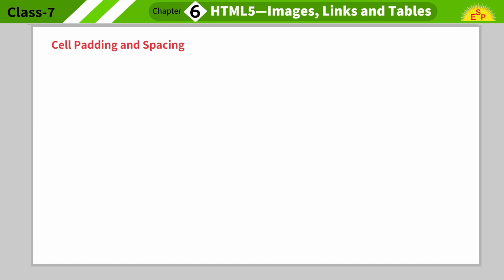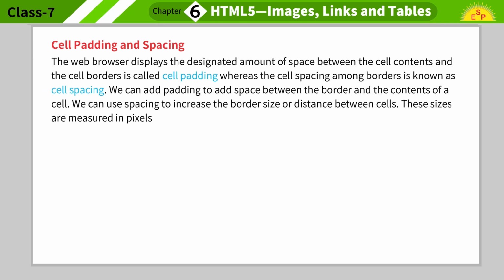Cell padding and spacing. The designated amount of space the web browser displays between the cell contents and the cell borders is called cell padding, whereas the spacing among borders is known as cell spacing. We can add padding to add space between the border and the contents of a cell. We can use spacing to increase the border size or distance between cells. These sizes are measured in pixels.